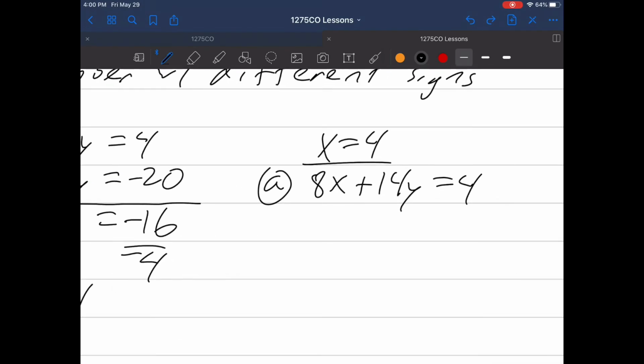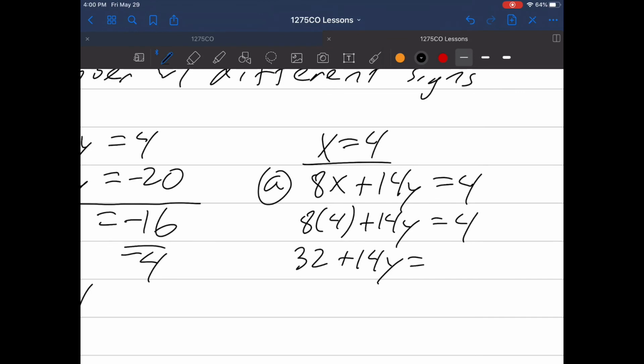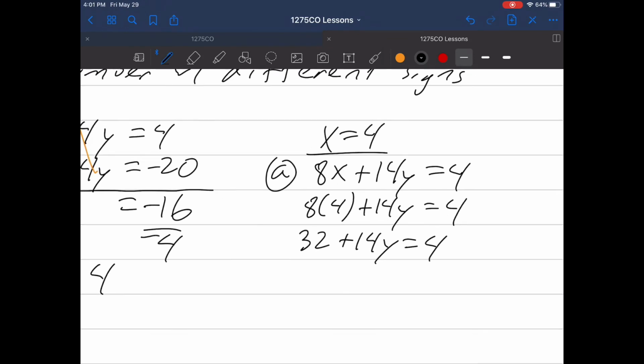So if x is equal to 4, that means we can take our value of x and substitute it in and end up with an equation, 32 plus 14y, not 114, sorry. 32 plus 14y is equal to 4.